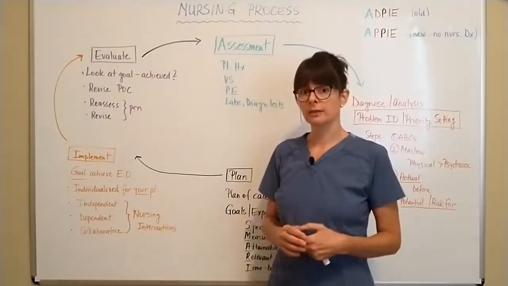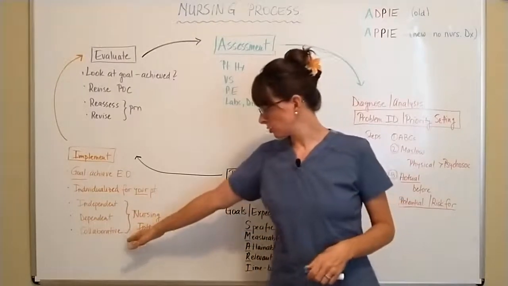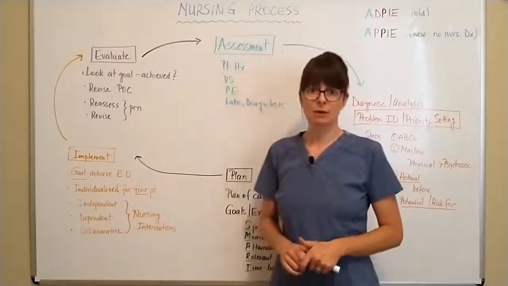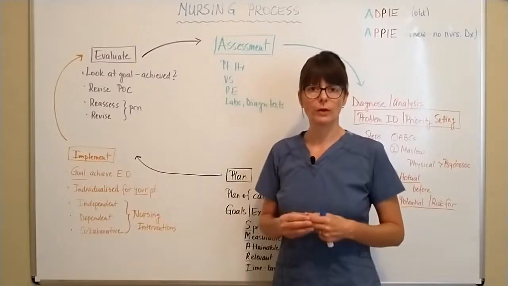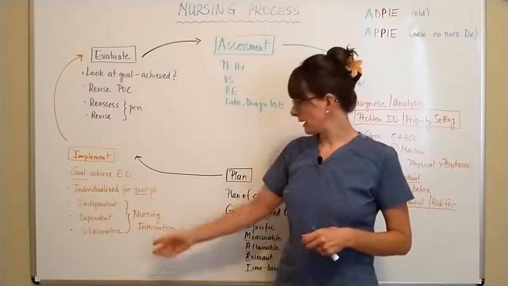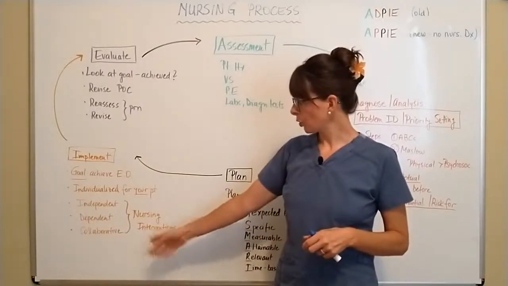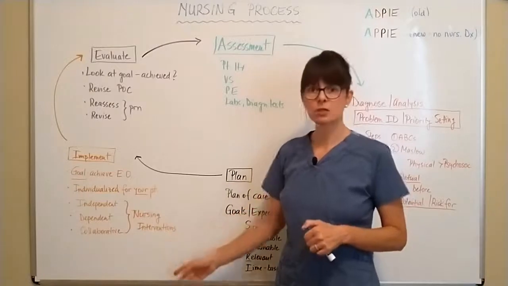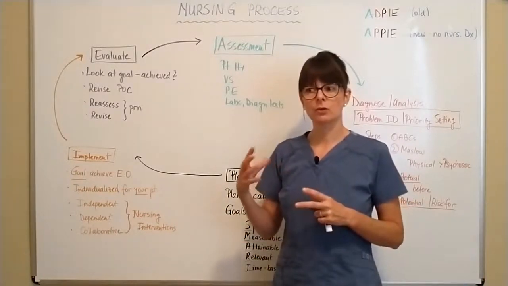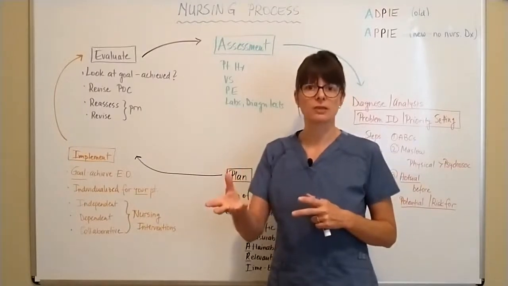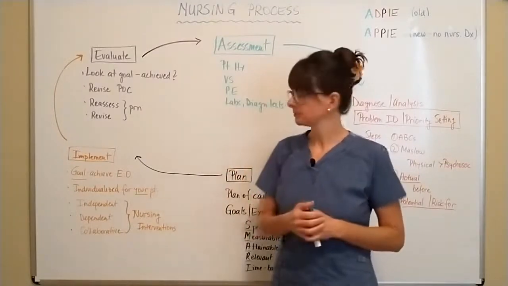So there's all these psychosocial needs, and we would also collaborate with different disciplines on doing that. Now, keep in mind the nurse still plays a role in achieving these collaborative goals or implementations and interventions, but we are not going to be necessarily the first person that will address these collaborative problems.